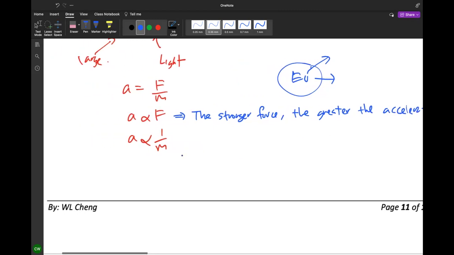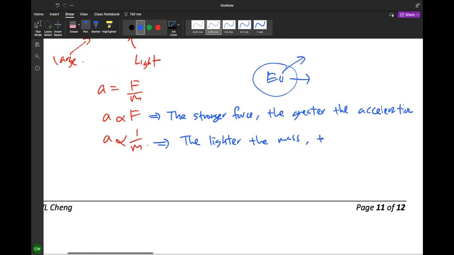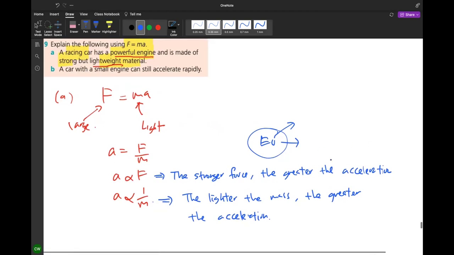The other one, what does it tell you? The lighter the mass, 越轻, the lighter the mass, the greater the acceleration. Okay, so this one explains why.